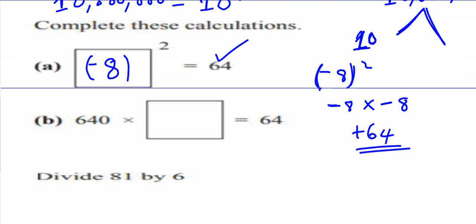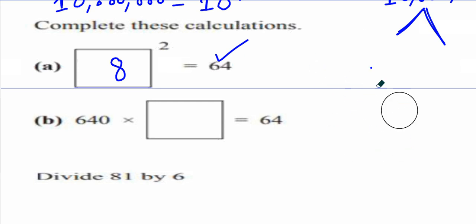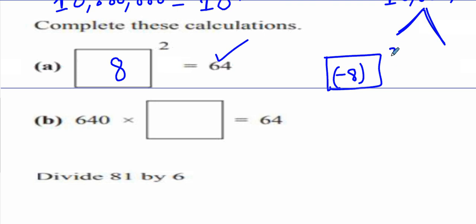So here, the first clear possibility is 8 to the power of 2. Another possibility could be negative 8 in brackets, then squared, equals 64. Right? Good.